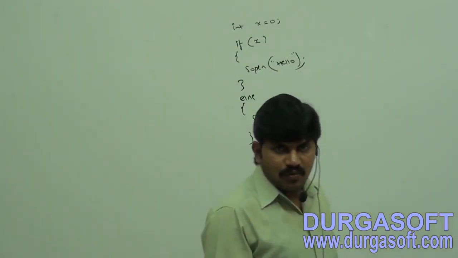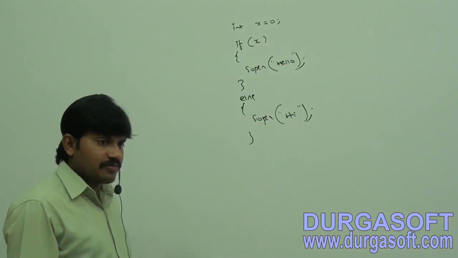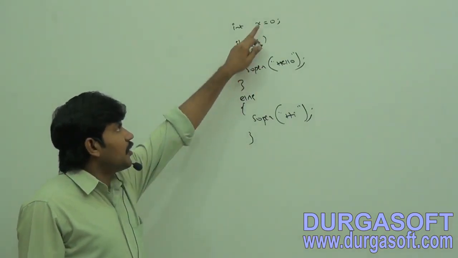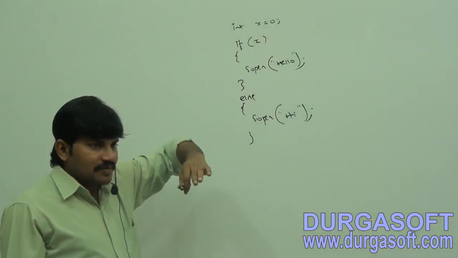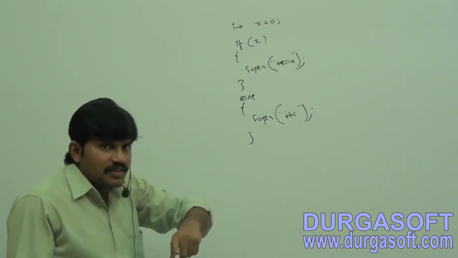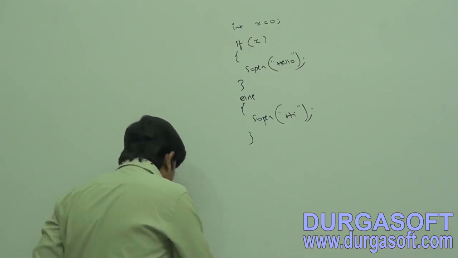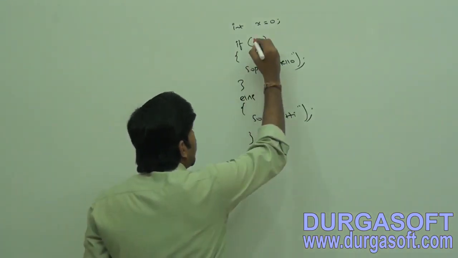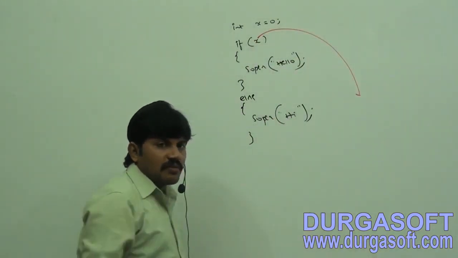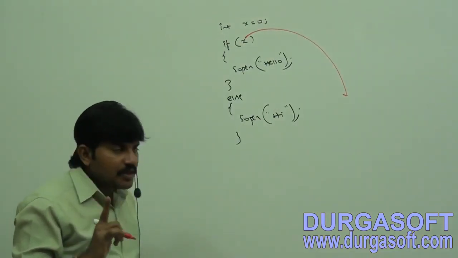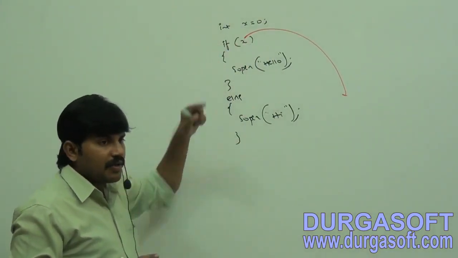Do you know, in the old languages like C or C++, it is valid. Sir, x means what? 0. 0 means false in old languages, but in Java, there is no such rule. That's why we immediately get a compile time error saying: if is always expecting boolean, but in the place of boolean, what did we provide? An int value.